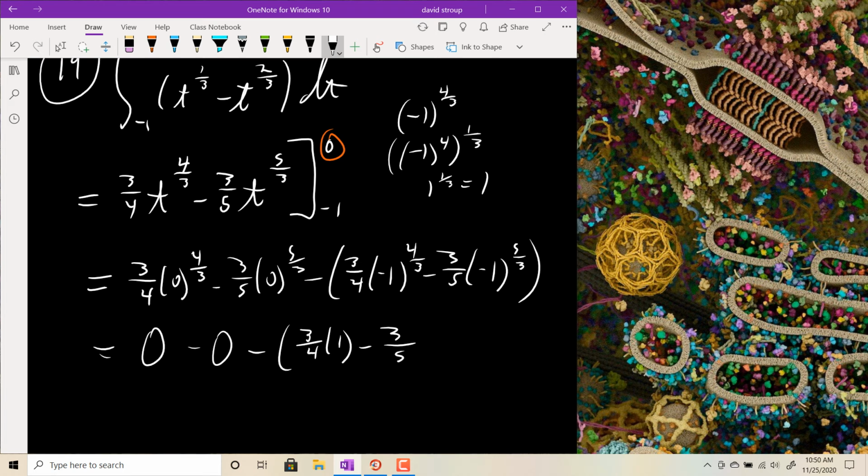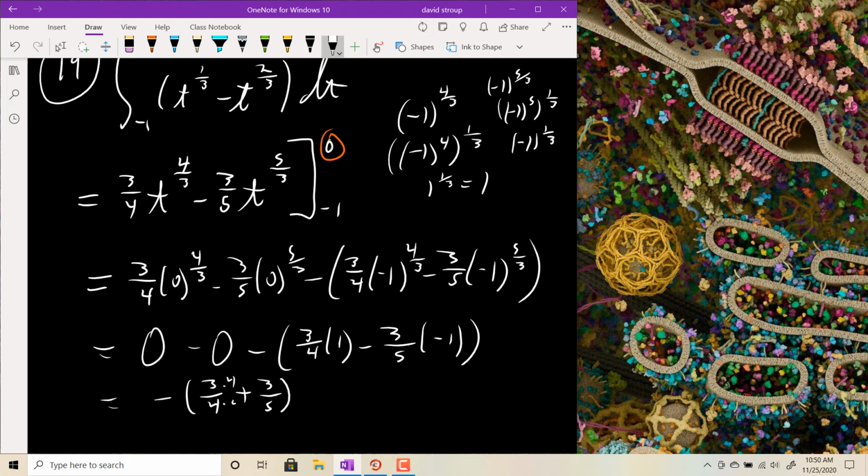minus 3/5 times -1 to the 5/3. So -1 to the 5/3 is the same as -1 to the 5th, to the 1/3. -1 to the 5th is -1, and then the cube root of -1, believe it or not, is -1. Okay, so I have -3/4 plus 3/5, and then multiply top and bottom by 5 and by 4, finding common denominators.